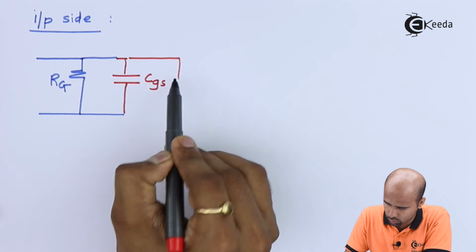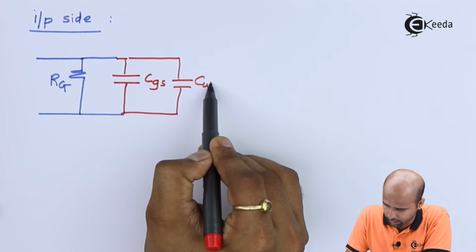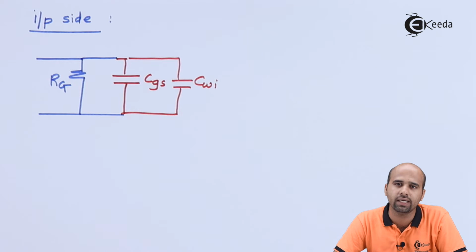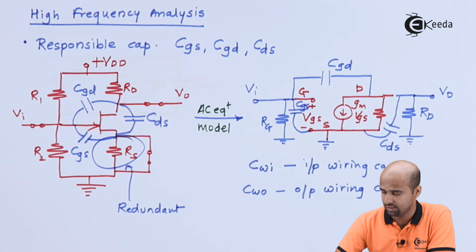Another is wiring capacitance, that is CWI. Now you might wonder what about the capacitance which is placed at input as well as output side, that means CGD.